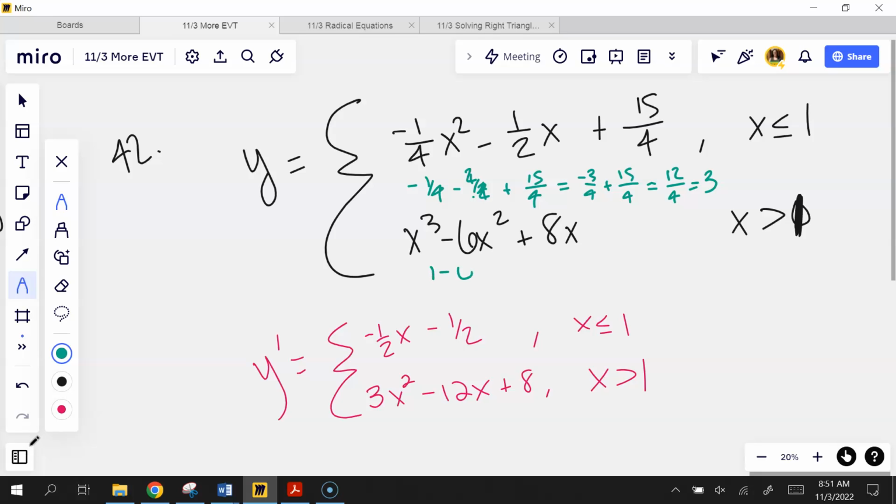Here I get 1 minus 6 plus 8, negative 5 plus 8. Well, imagine that. The limit from the left is the same as the limit from the right, which is the same as the function value. So it is continuous, right?